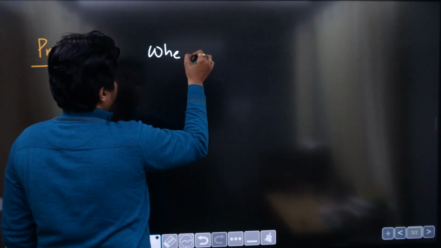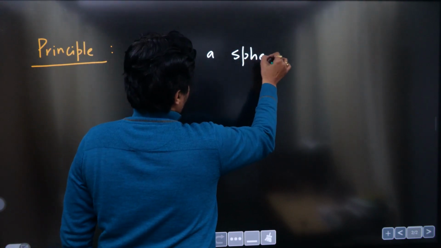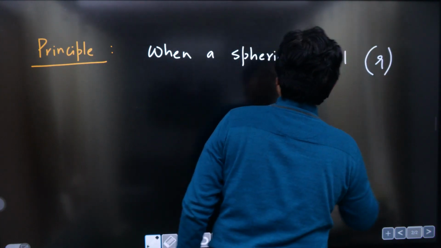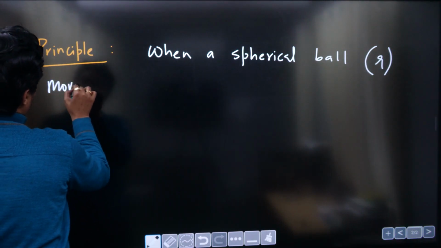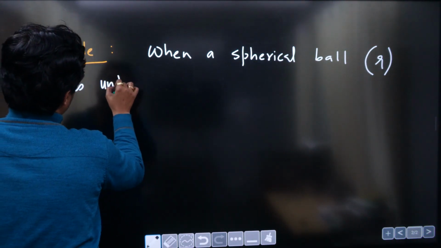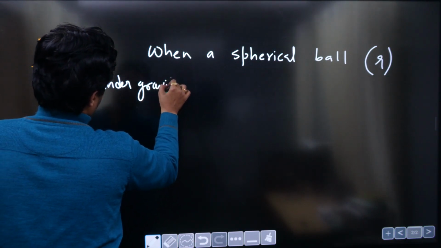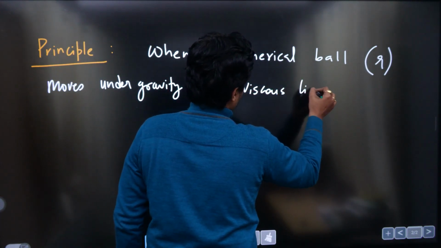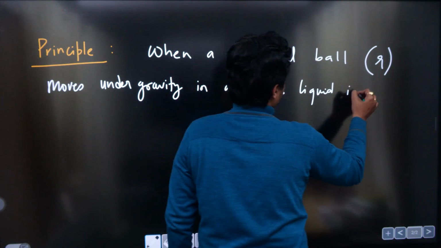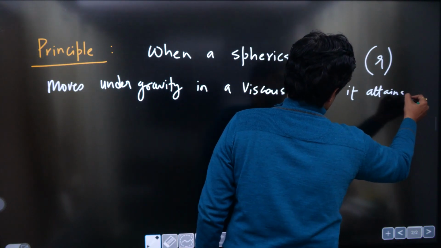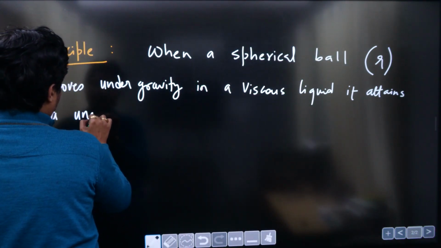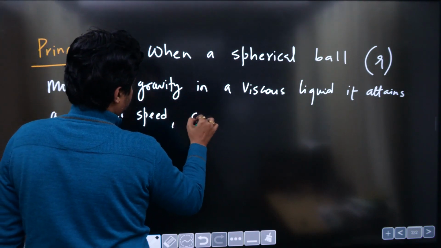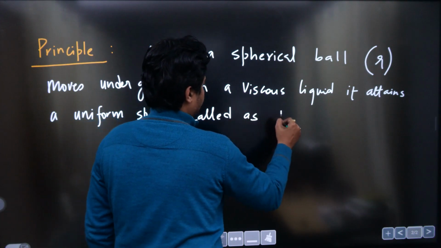When a spherical ball, of course with a radius r, moves under gravity in a viscous liquid, it attains a uniform speed called the terminal speed.